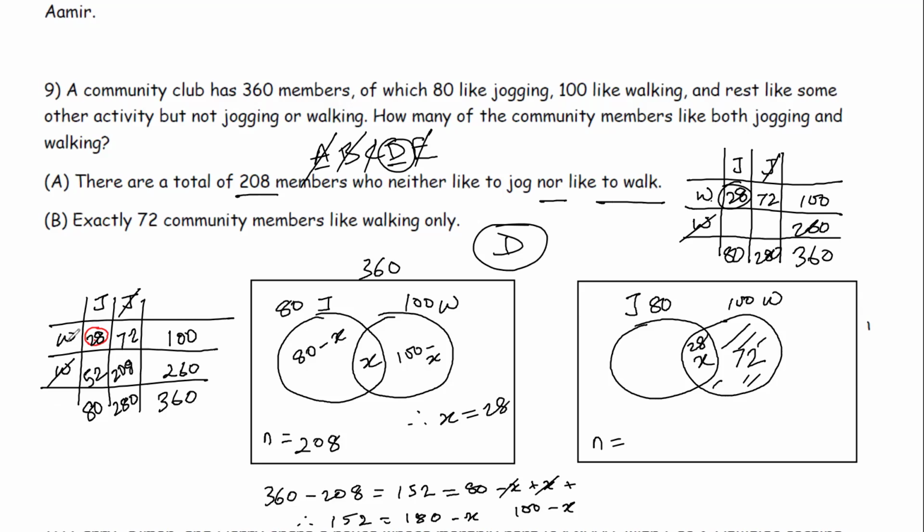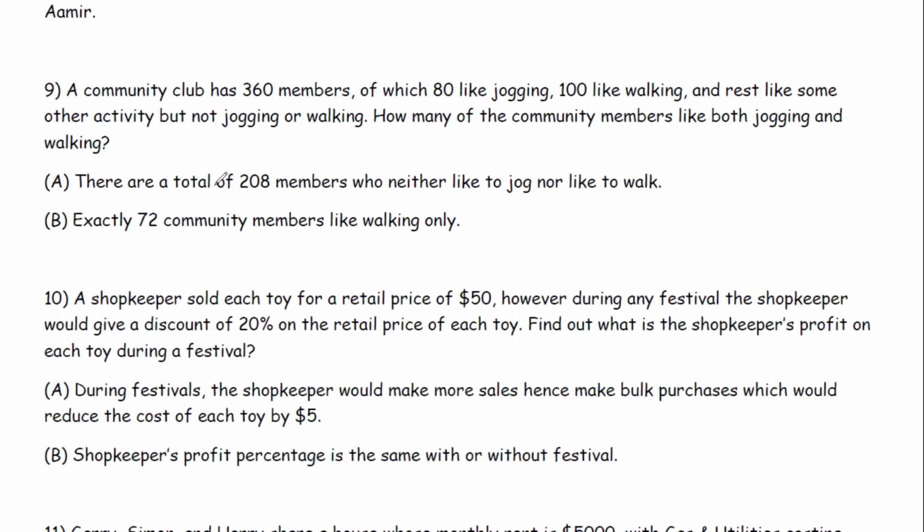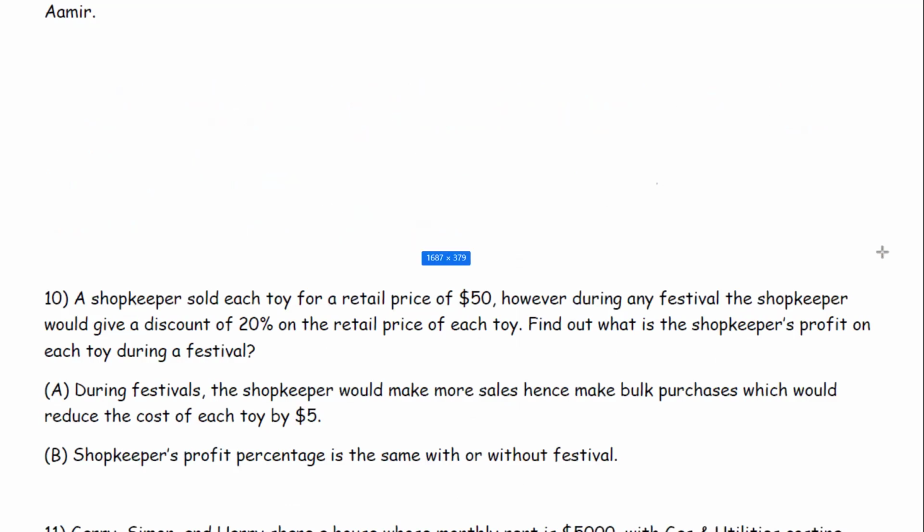10th question. So this happens to be the toughest question of the lot. Let's see why it's the toughest one. A shopkeeper sold each toy for a retail price of $50. However, during any festival, the shopkeeper would give a discount of 20% on the retail price of each toy.